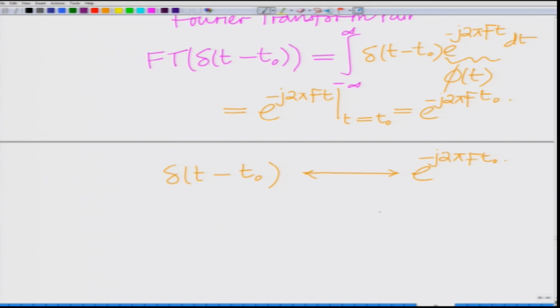Of course, we know this is the shifted impulse, and this e to the power of minus j 2 pi f t naught is in the frequency domain. Remember, this is in the frequency domain, not the time domain. So this is a complex sinusoid in the frequency domain.